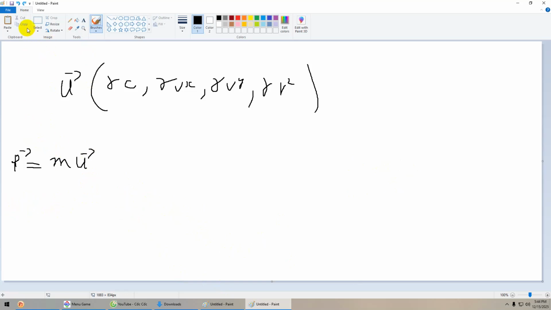So now we can finally move to the problem that we can have the momentum vector square, and it's equal to mass square times speed of light square. So we can move this, and we can write another vector.